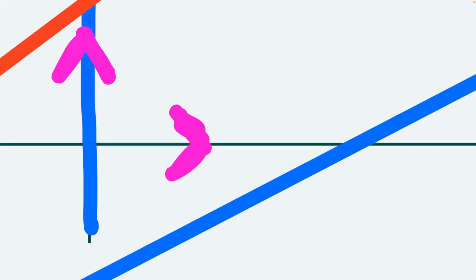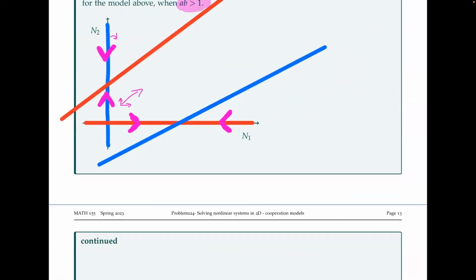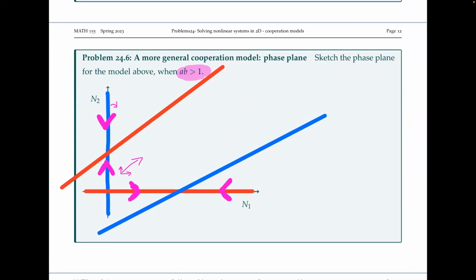I know that I must be moving up and to the right because that's what's going on the axes. So that means in this middle block here, I must be moving up and to the right. About in the top left, that little triangle above the red line, well, I know I still must be moving to the right. I'll also be moving down. So here I know I'll be moving down and to the right.